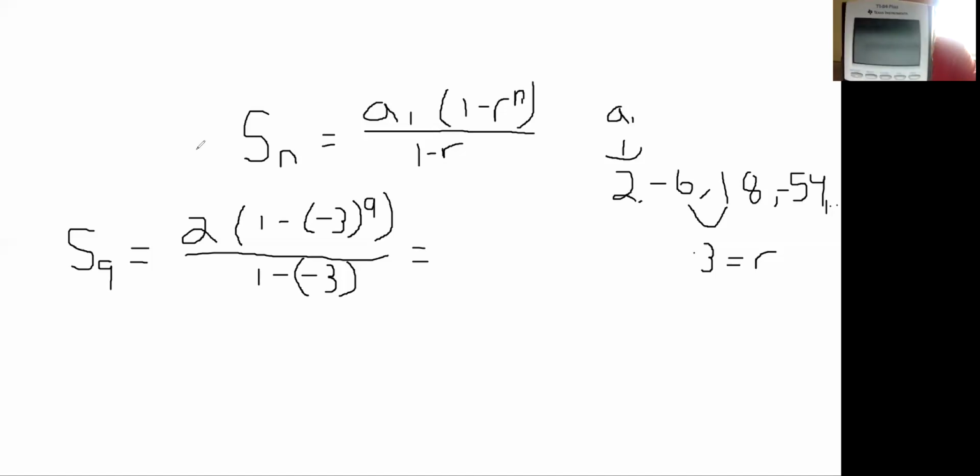9,842. So that's a doable number, but it is just 3 to the 9th alone. -3 to the 9th is -19,683.